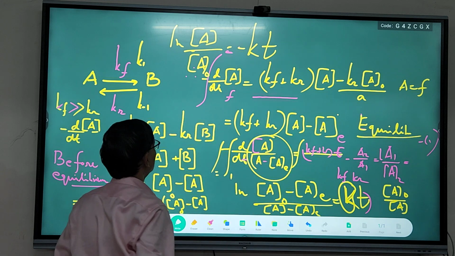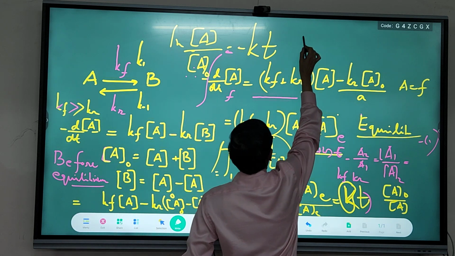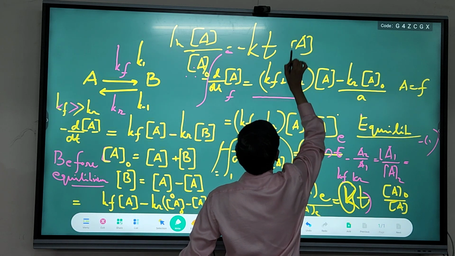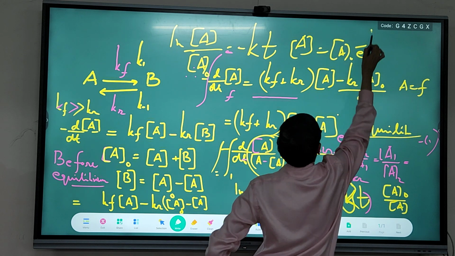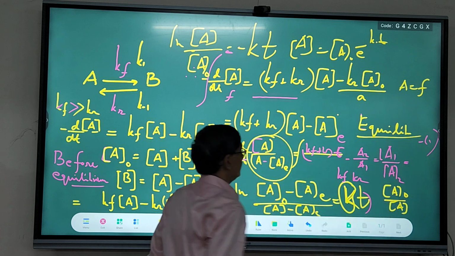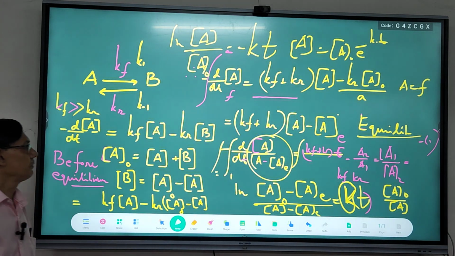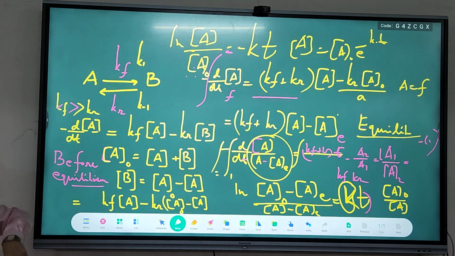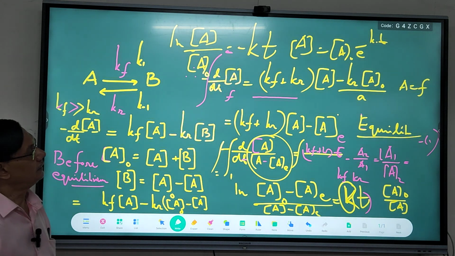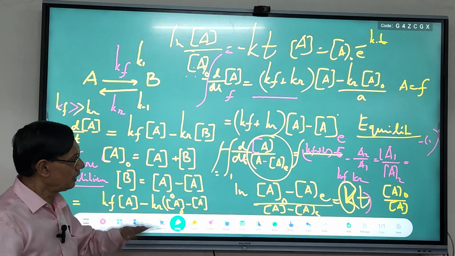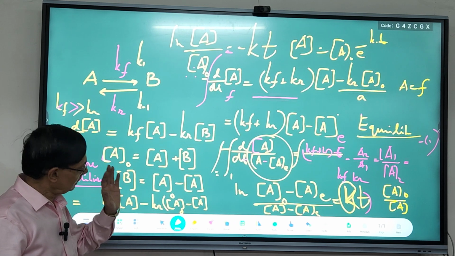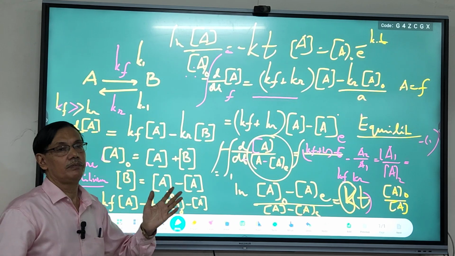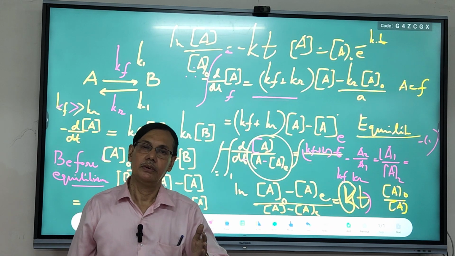I think now you can remember this thing, that A is equal to A0 e to the power minus KT, like that. So this is the simplest equation we have solved today, and this is the example of first order, or you can call it a reversible first order reaction.